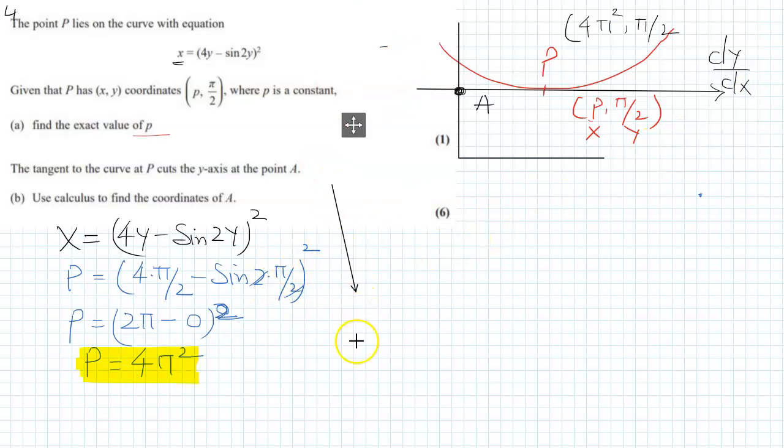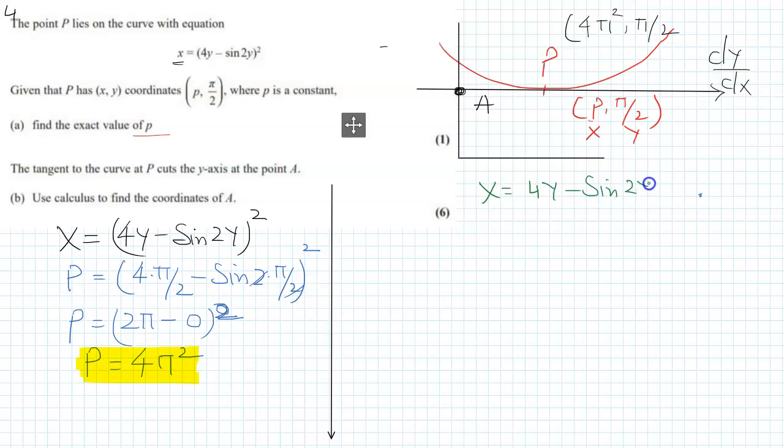We are having here x = 4y − (sin 2y)². So I'm going to find dx/dy.